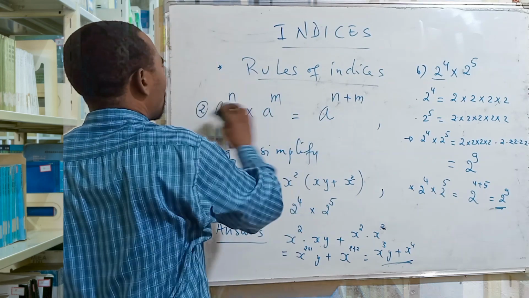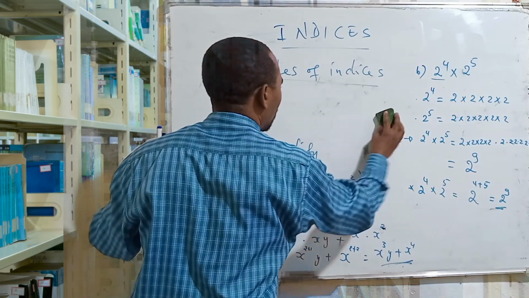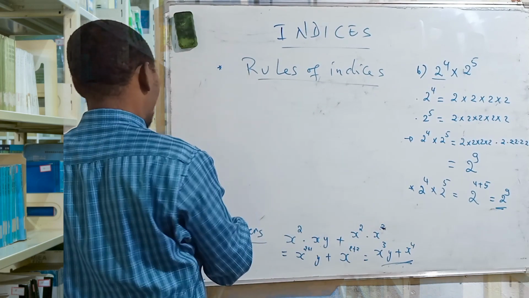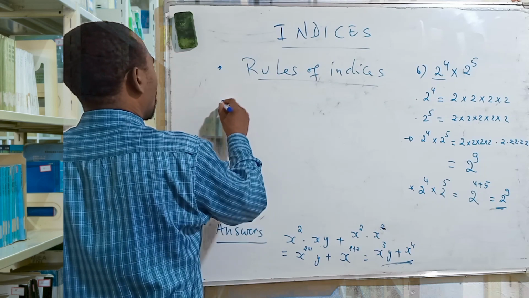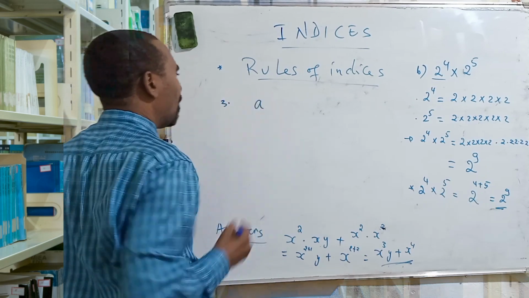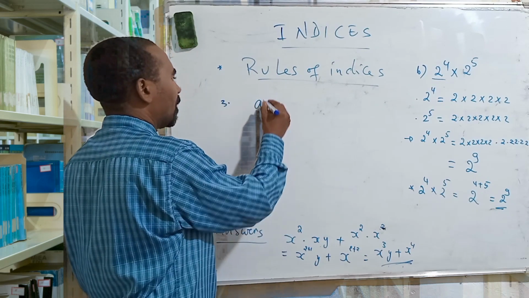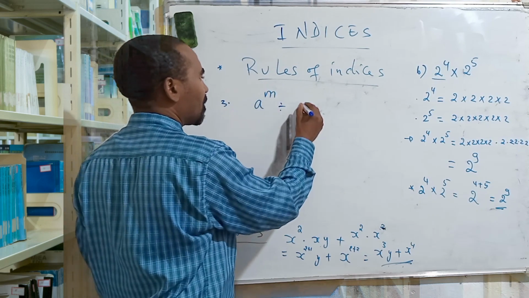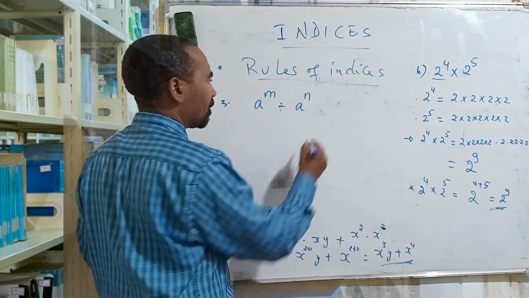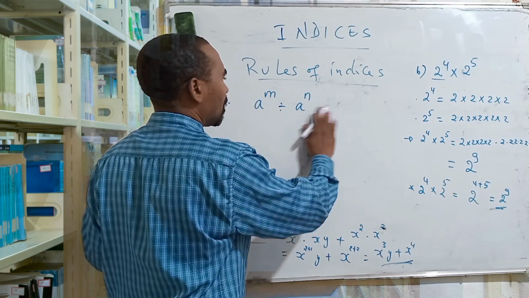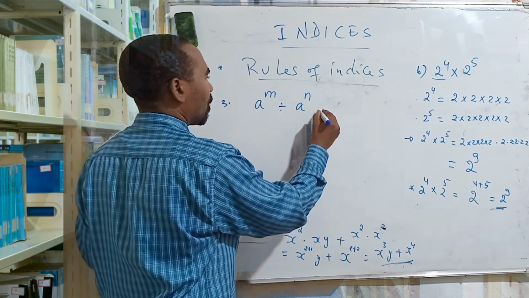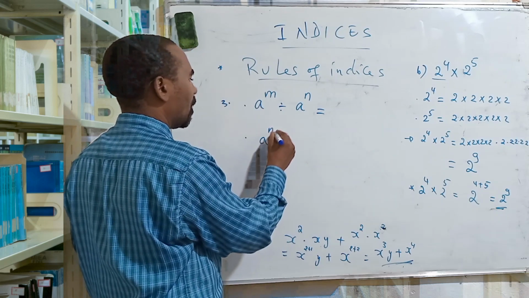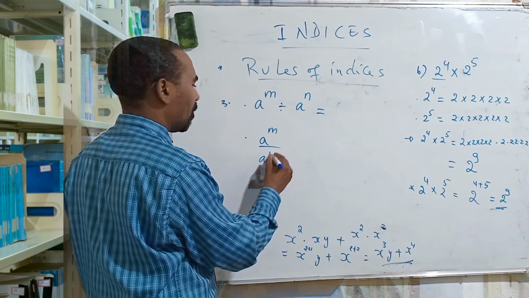We can put property, the rule number 3. When you have a power m dividing by a power n, this can be written simply as a power m over a power n.